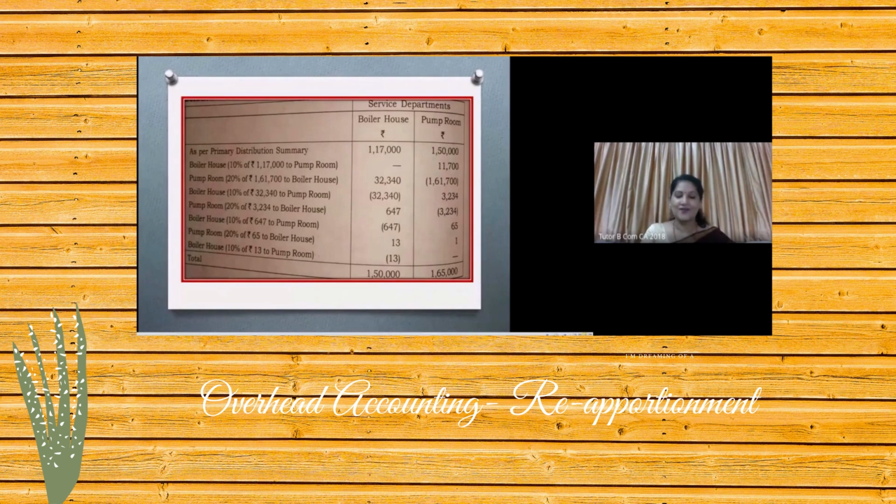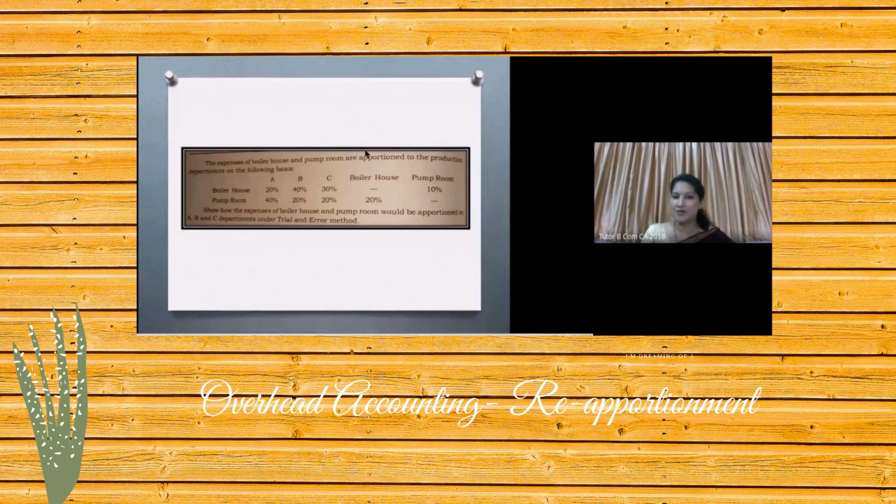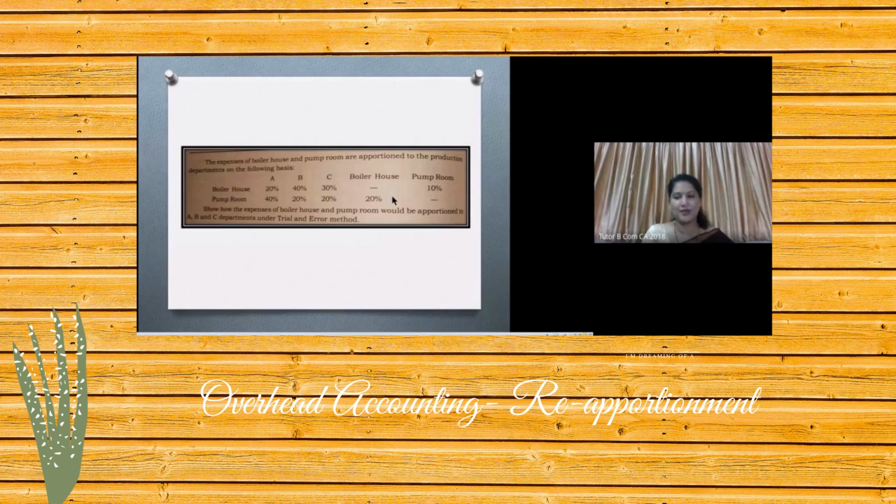Here we will be allocating to the service departments based on their share, which should be given in the question, or you will be given the logical basis on which that has to be shared. In the question, it was given that 10% of the boiler house expense would be shared with pump room. In the case of pump room, 20% of their expense will be shared with boiler house.